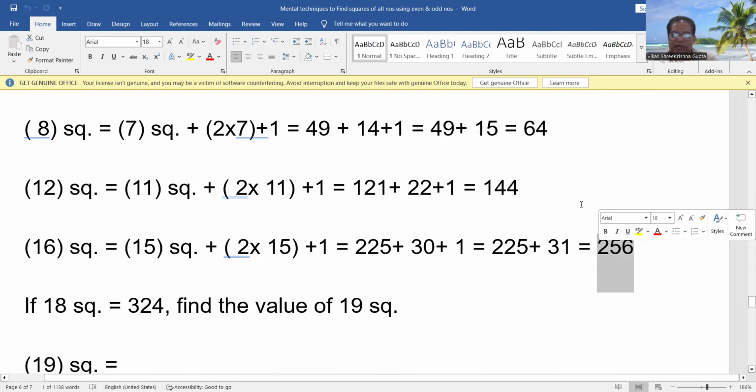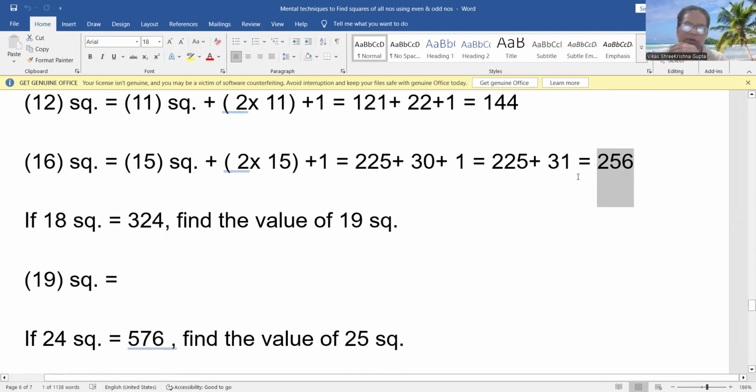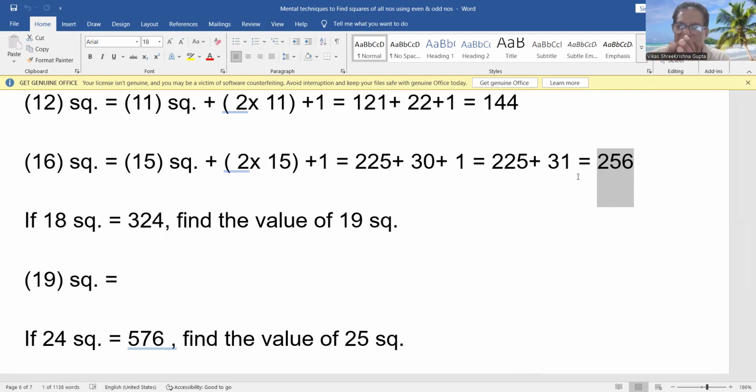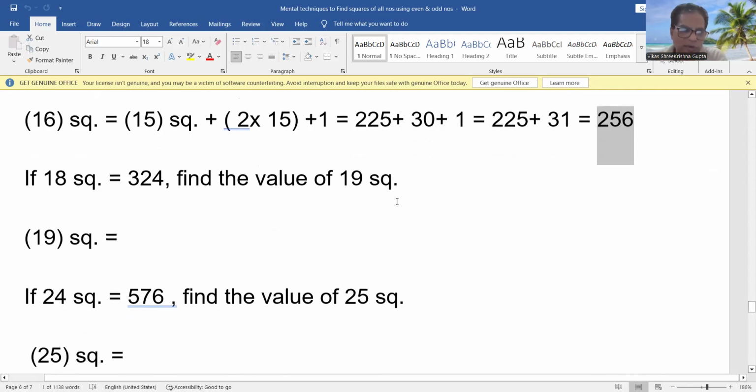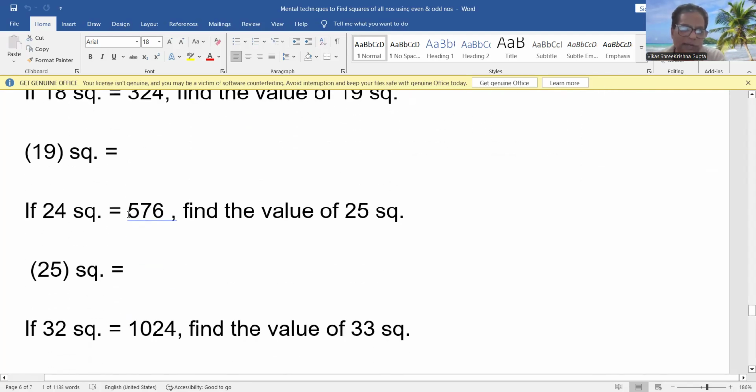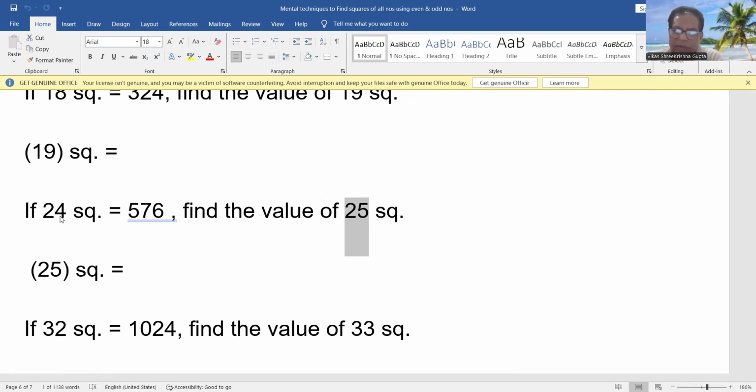So in general, when you have to find the square of any number from the previous square number, you multiply the previous number by 2, add 1 to that, and add that to the given square value. In the same way, 24 square is 576. I have to find the value of 25 square. I multiply 24 by 2 and add 1 to that. 24 into 2 is 48. 48 plus 1 is 49.